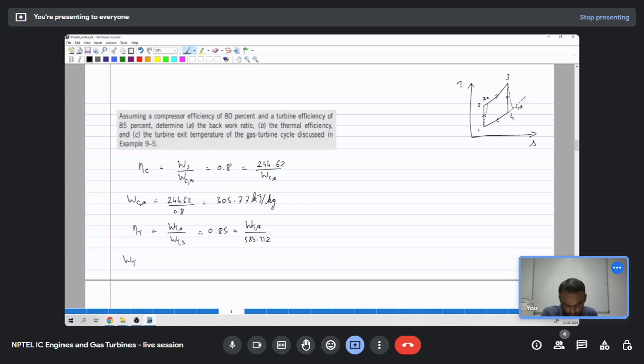So turbine actual work is equal to 0.85 times 585.312, which is 497.5 kilojoule per kg.